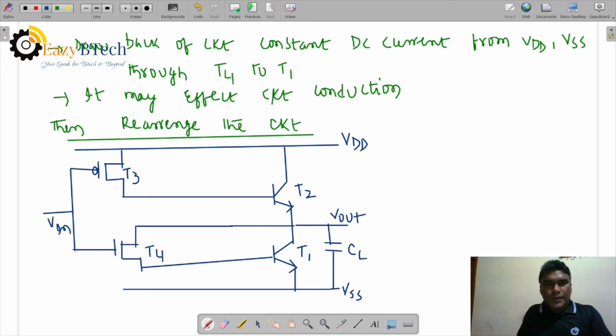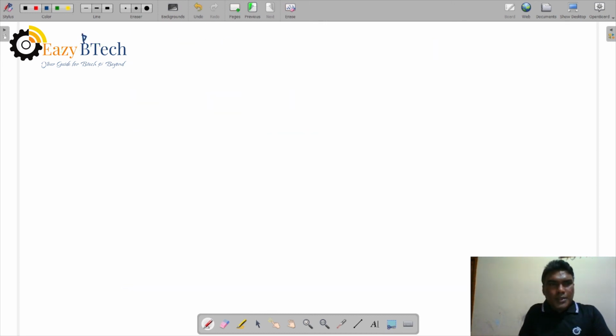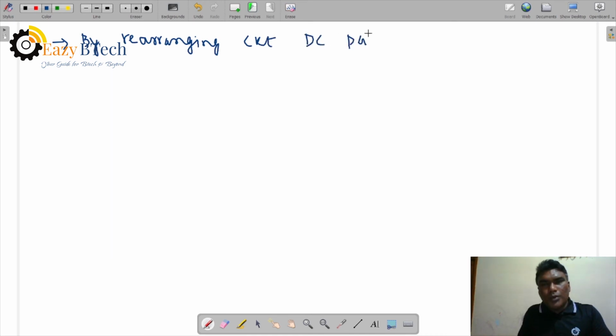By rearranging the circuit, the DC path is removed.